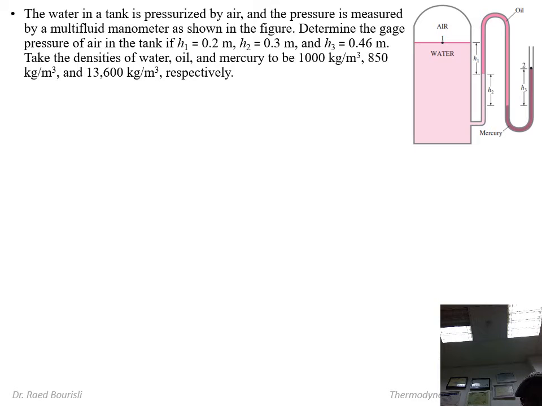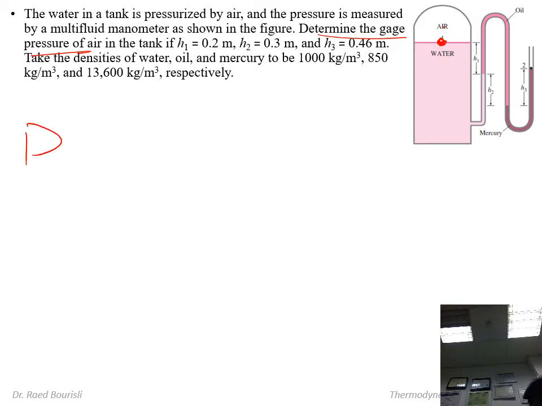You want to determine the gauge pressure of air. You have to ask yourself, do I want the pressure here or here or here? If you want the pressure here or in the middle, you have to make a decision: do you want to consider the density or the weight of air? If not, then the pressure here is the same as anywhere here. So I'll take it as the pressure at the surface.